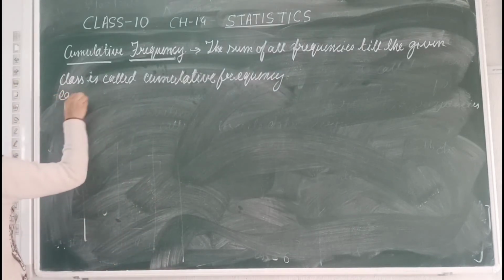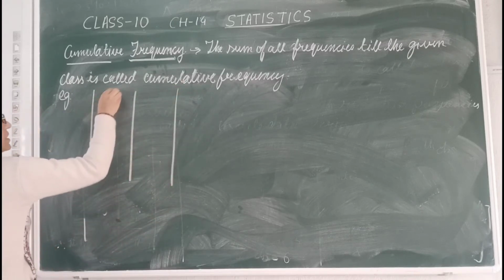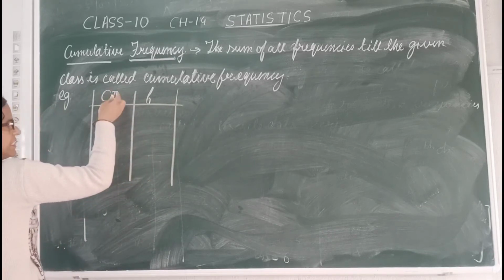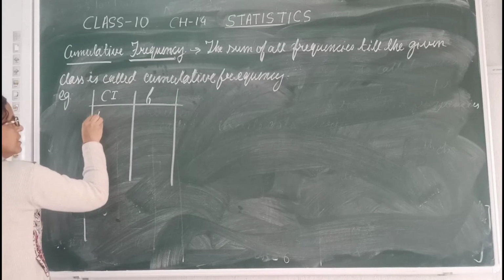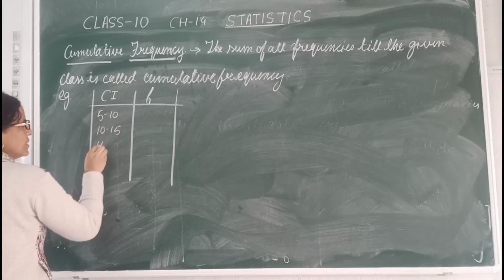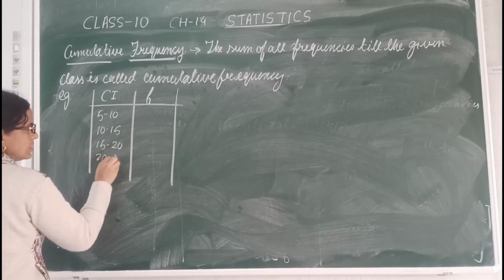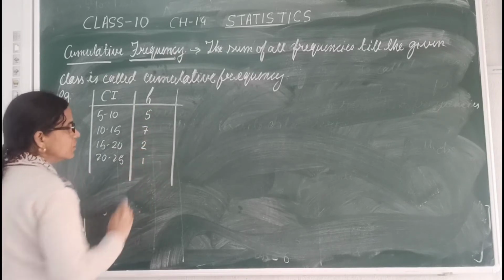Example. Suppose the data can be discrete as well as grouped; here I am taking grouped. So 5 to 10, 10 to 15, 15 to 20, 20 to 25, and suppose you have frequencies 5, 7, 2, 1.